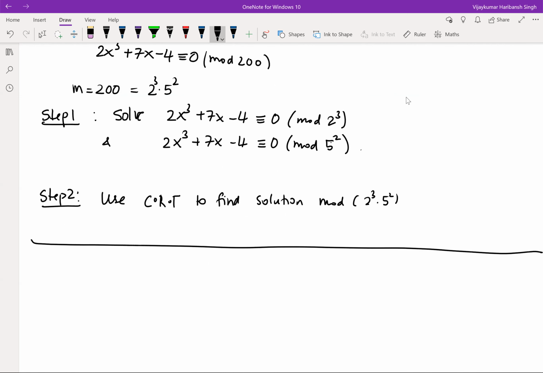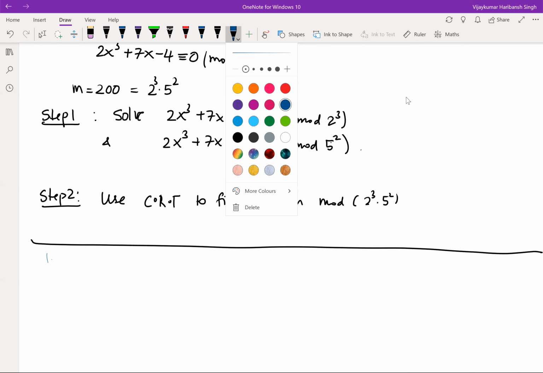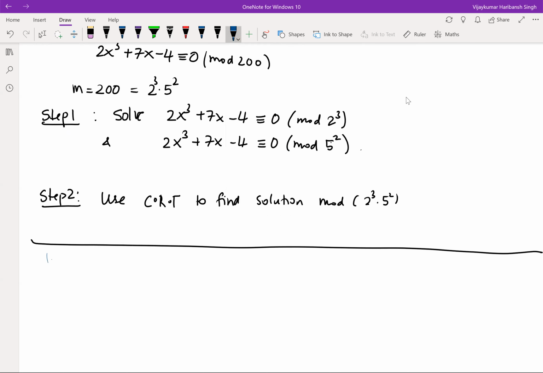For this problem, step one, solve 2x cubed plus 7x minus 4 congruent to 0 mod 8.